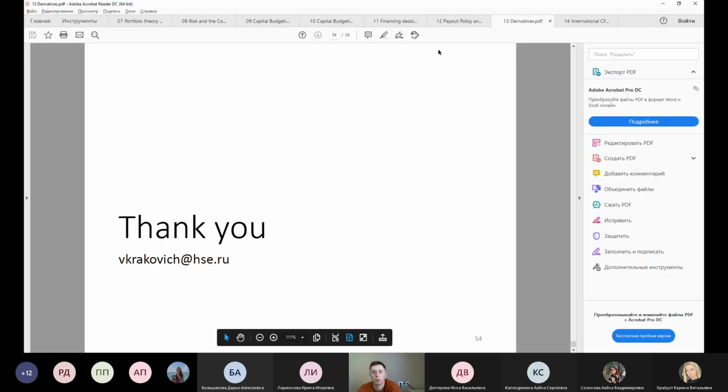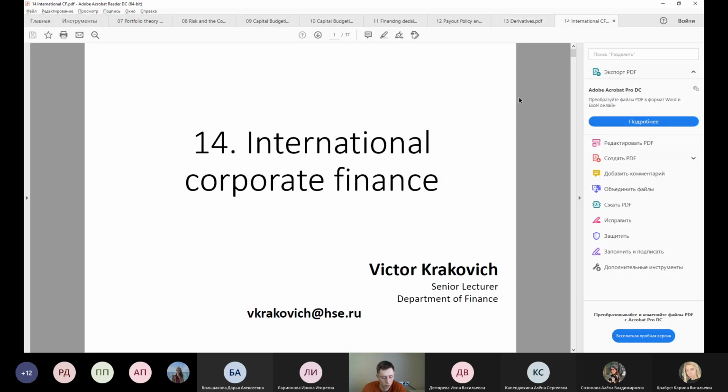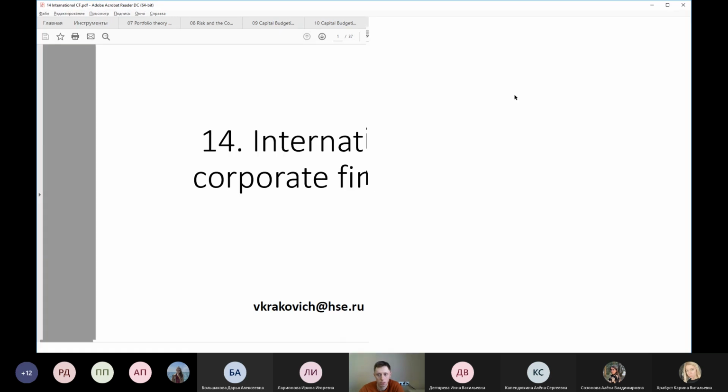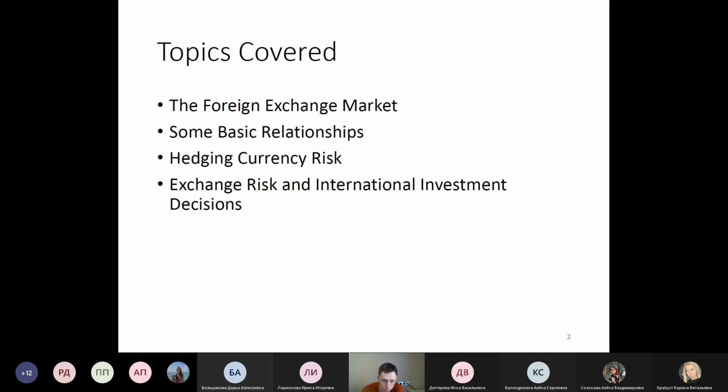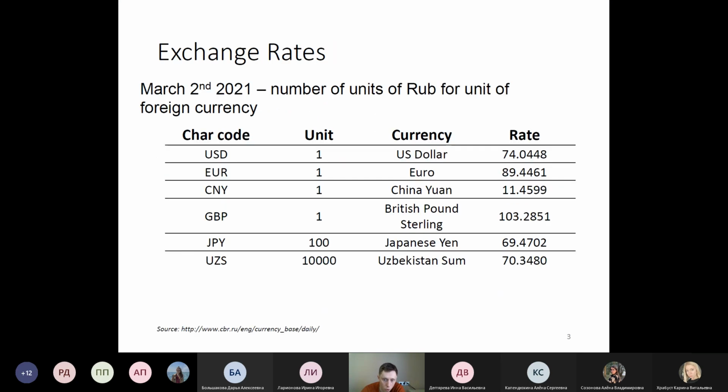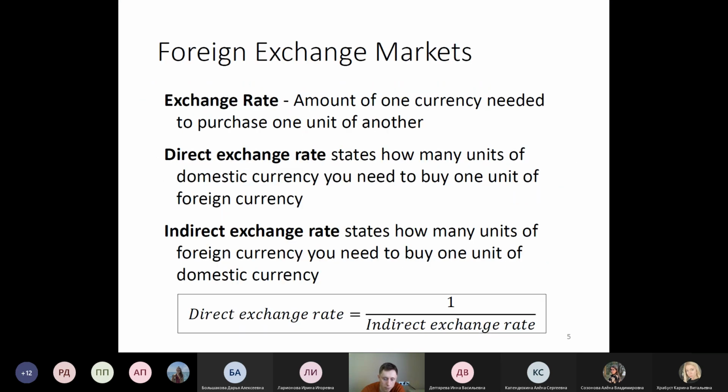And the final class that we had was devoted to international corporate finance. There we mostly talked about the factors affecting exchange rate. First, important, beware to avoid errors in describing the exchange rate.